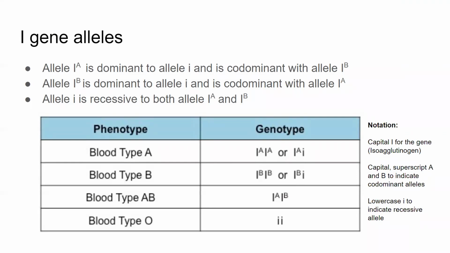Okay, so we do need to know these alleles. So know that for blood type A, you have homozygous dominant A or heterozygous A. For B, homozygous dominant B or heterozygous B. AB, there's only one way to get AB.